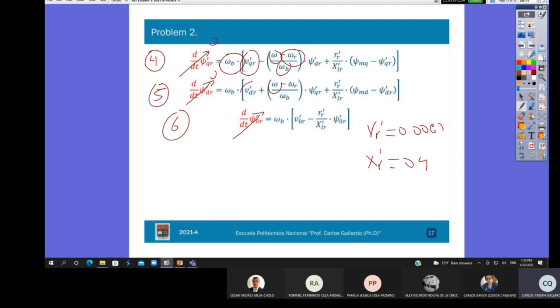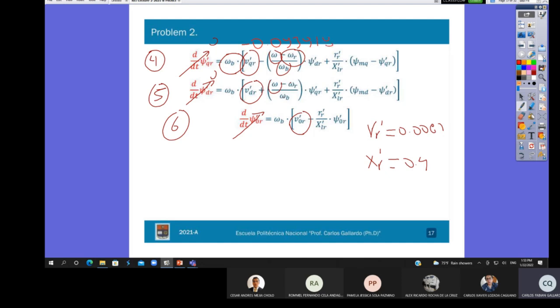What about this voltage? We have already computed these voltages in the previous calculation. Okay, so these voltages are equal to, for the quadrature axis voltage, negative 0.93918. This is my first voltage.